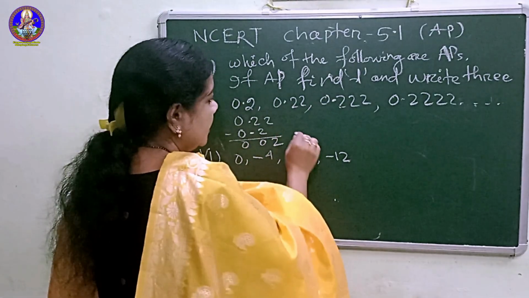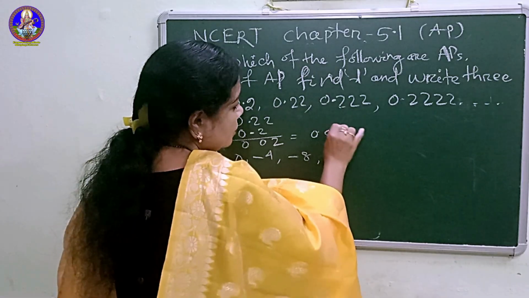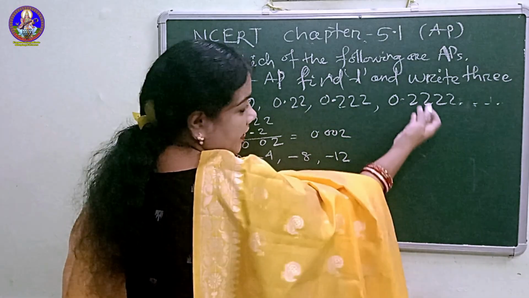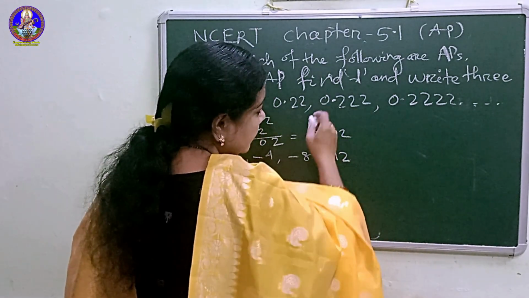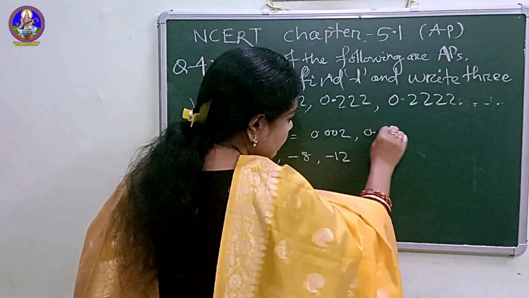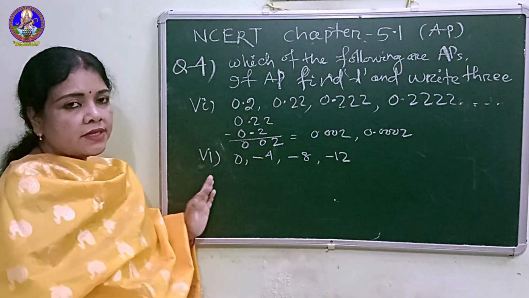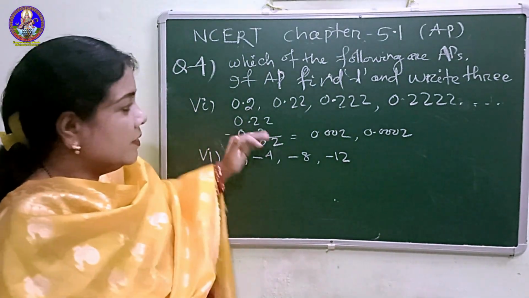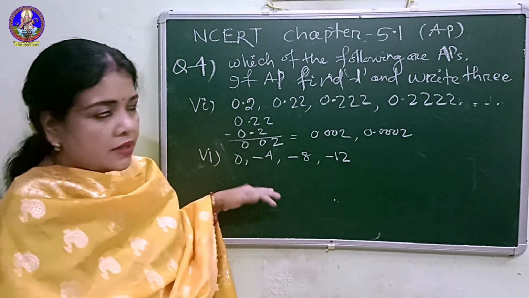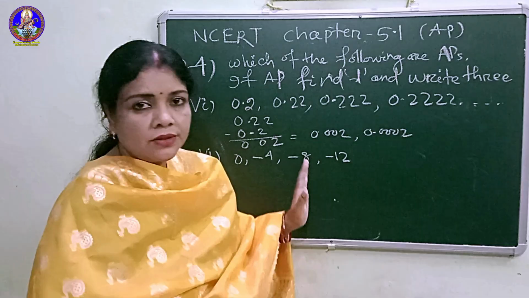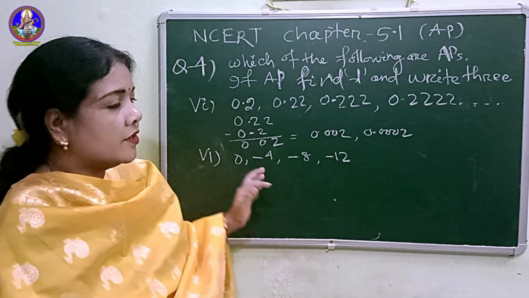For the next, I will get 0.002. And if I take the fourth term minus the third term, it will obviously come 0.0002. So in each case the differences are not equal. If the differences are not equal, obviously it is not coming under AP. So there is no question of finding the next 3 terms.